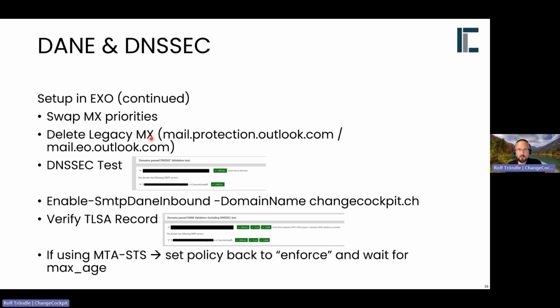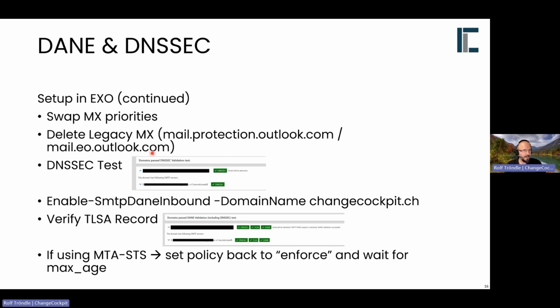It's also usable. This new MX record is also usable without using DANE. Don't worry about that. You can also just use it as a replacement for this legacy mail.protection.outlook.com or mail.eo.outlook.com records. So there's nothing happening now.